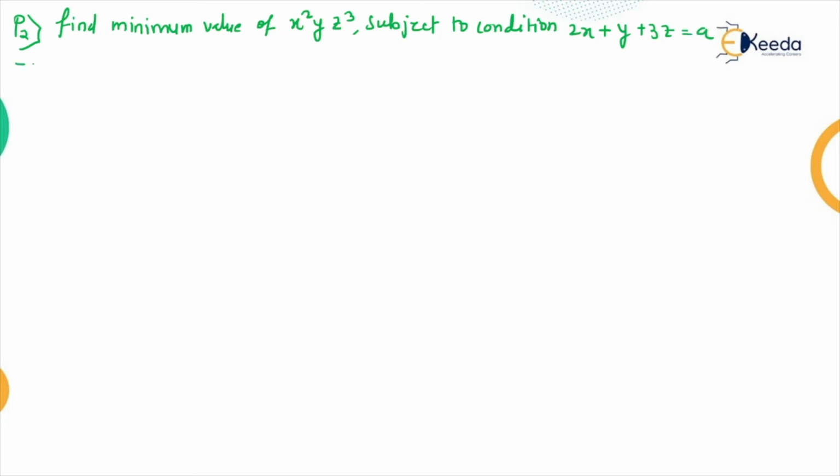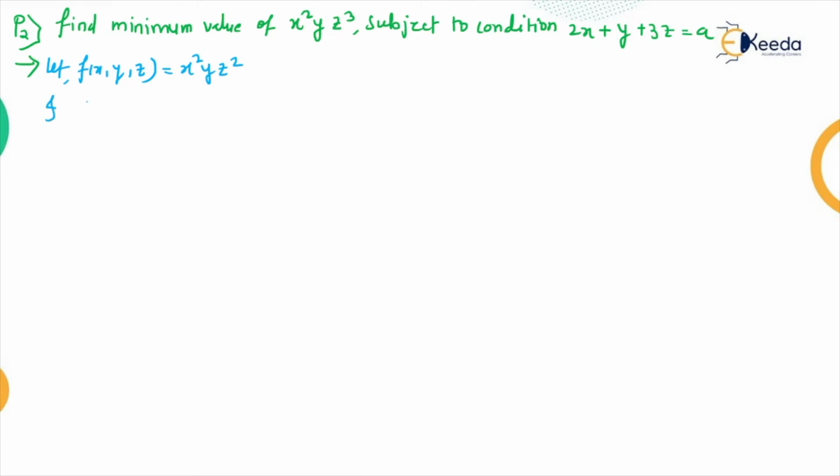Clearly, you have to observe this question and write what f of xyz is and what the condition phi of xyz is. So first I am writing f of xyz, which is given in the question: x square y z cube.